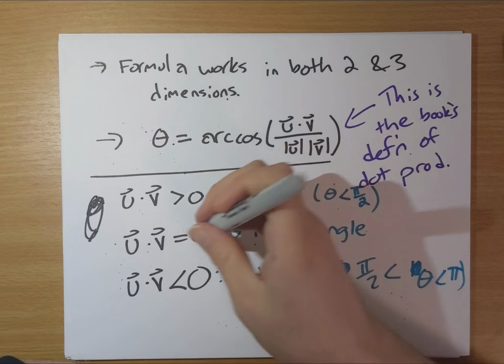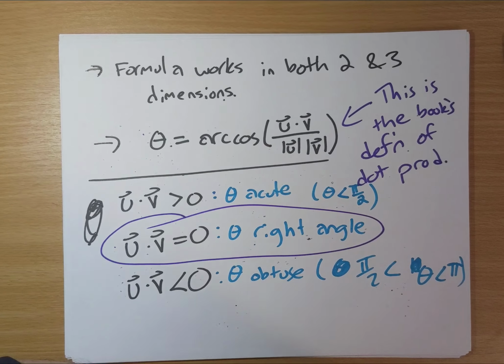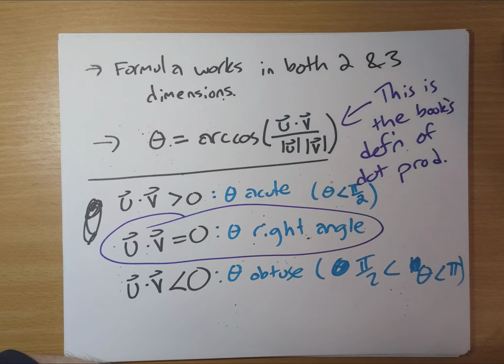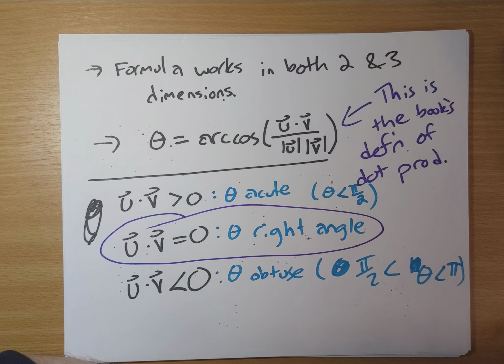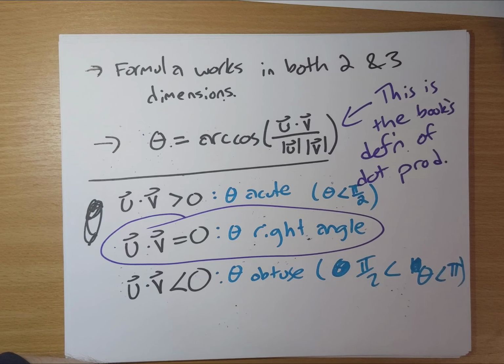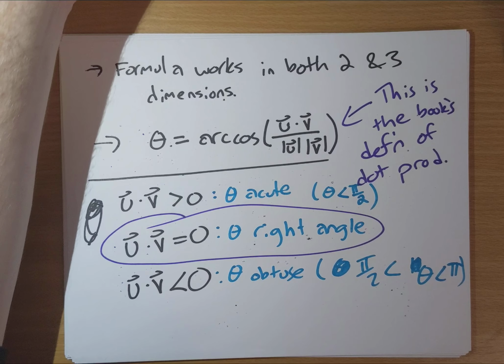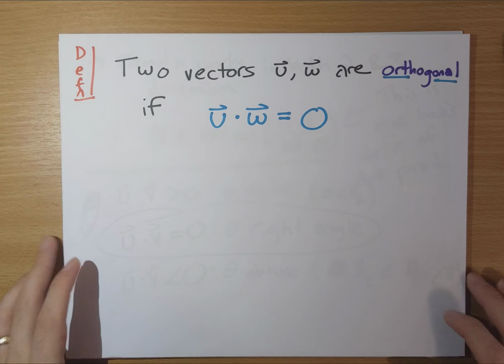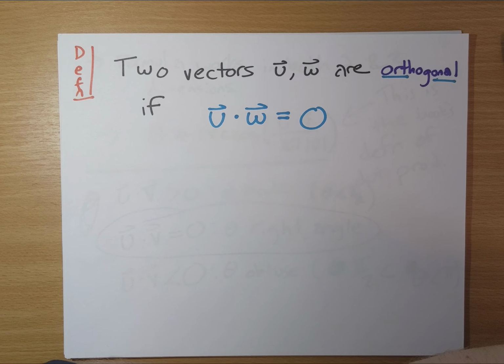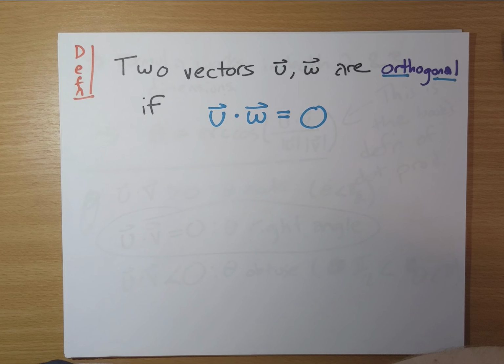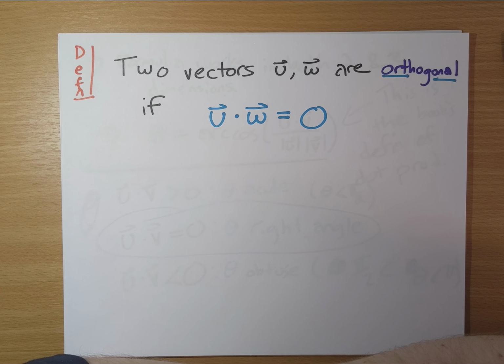The most important special case here is if the dot product of our vectors is 0. And it's so important that we have a special term for that. Two vectors u and w are orthogonal if the dot product of them is 0.